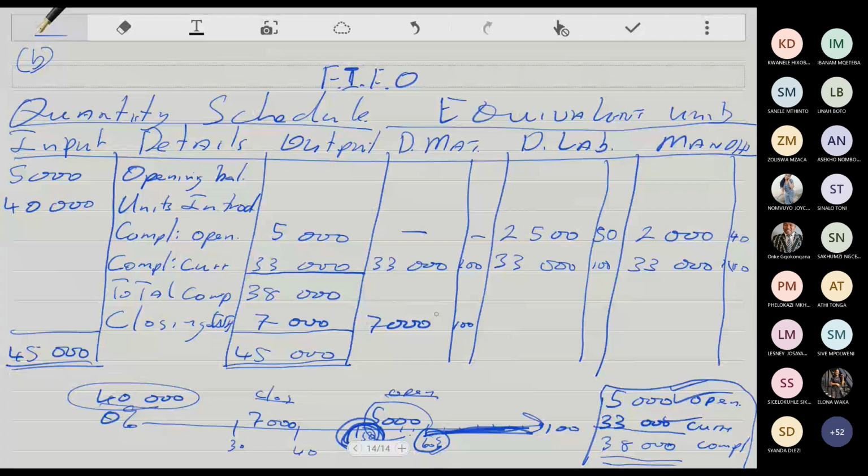So coming to the next production process, when this 7,000 is no longer a closing but an opening balance, there's nothing again you're going to put in your direct material because the entire 100% was already reflected in the closing balance. But in your direct labor we place 30%, and here 40%, which is going to be 2,100 and 2,800.